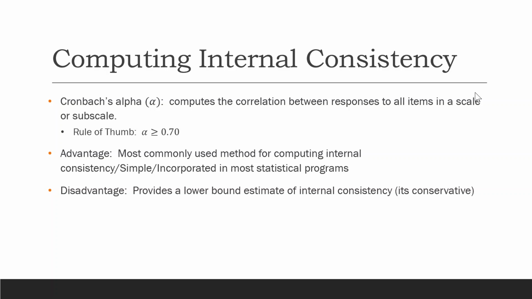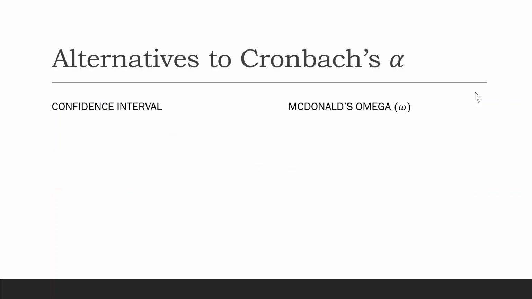There are alternatives to Cronbach's alpha. One is to calculate a confidence interval. A confidence interval is a statistical inference method that we're going to talk about later in the semester. But since we're on Cronbach's alpha, and this is one of the methods you can use to potentially get a better estimate of it, I'm going to go ahead and describe it here.